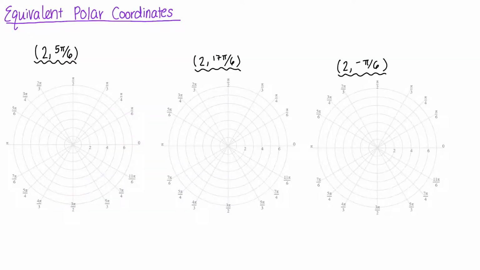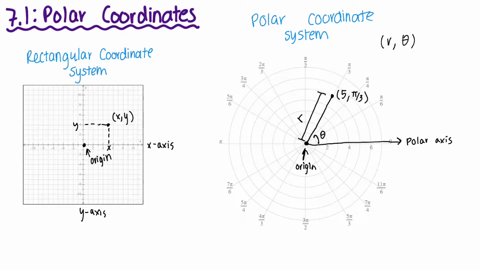So one of the unique things that happens with polar coordinates is that points can have multiple representations. In our rectangular coordinate system, there's only one point that is the point 1 comma 1. There's one point, it's right there, and there's no other way to represent that point other than 1 comma 1.